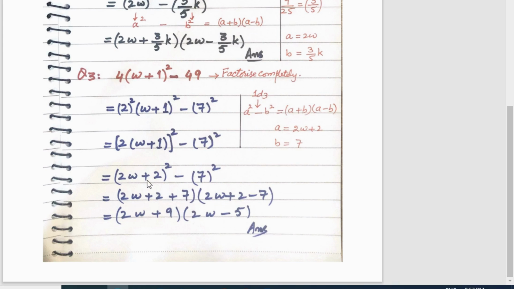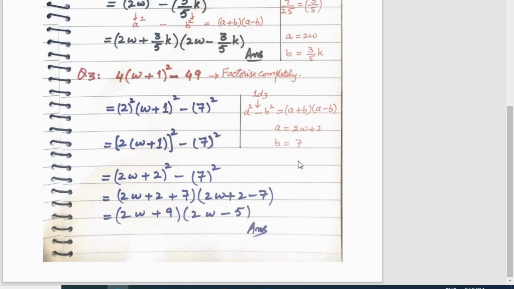It consists of further 2 terms, 2w and 2. Now what is our A over here? A is equal to 2w plus 2. This whole term under the square is A. And this 7 will be considered as B. I have written over here.